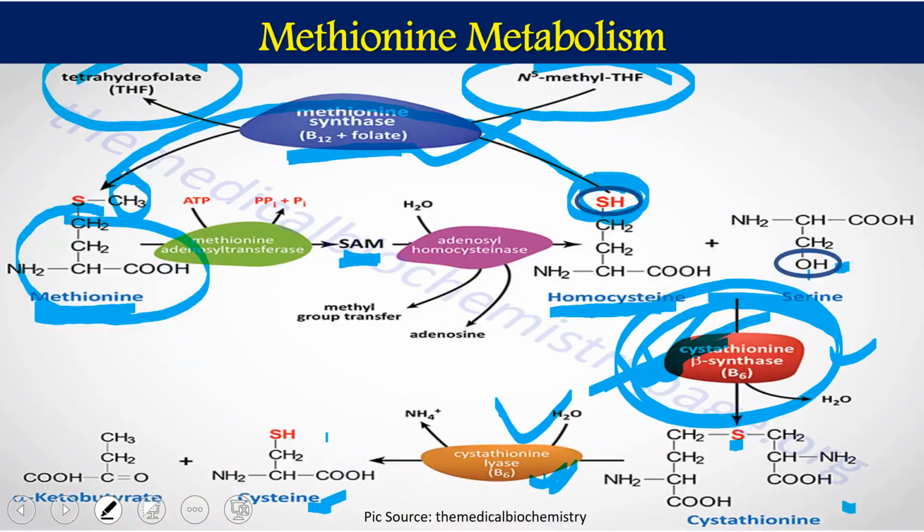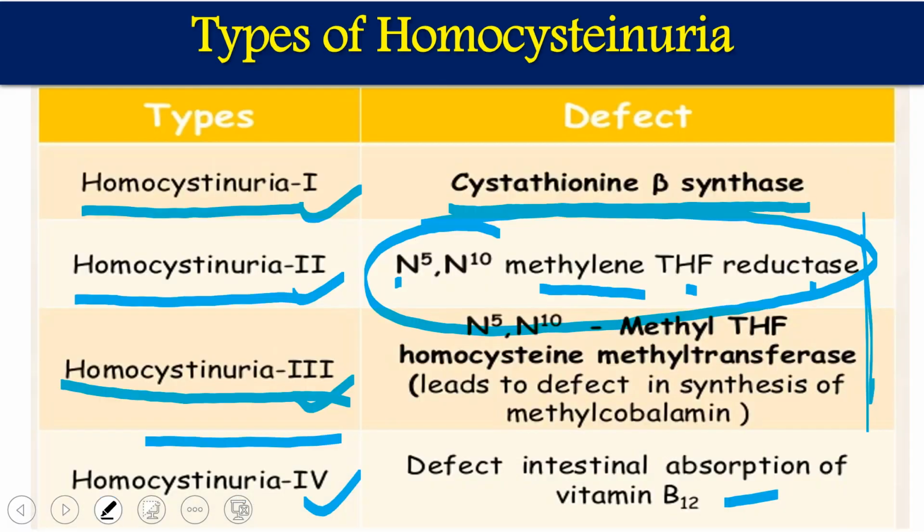If this process will not be recycled, it will not occur, and if it does not occur, then homocysteine will not be used by this process, so accumulation of homocysteine will be there. Or if we are having a defect in these enzymes, then also homocysteine will not be utilized and will be accumulated. So these are the four important types of homocystinuria: type 1, type 2, type 3, type 4.